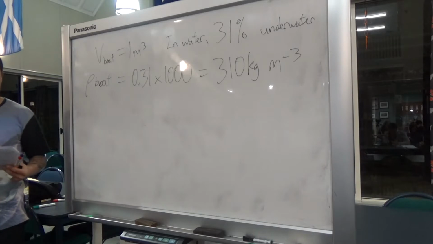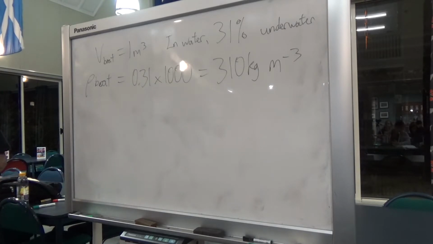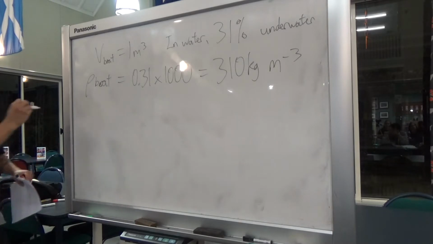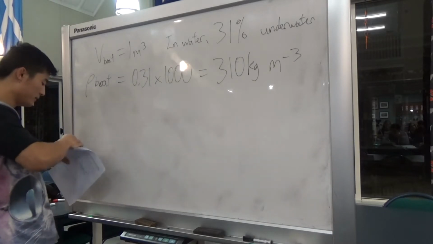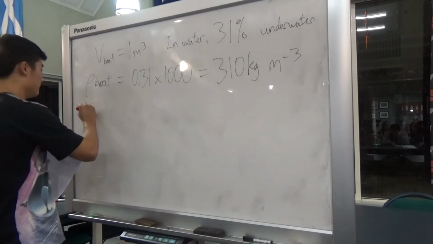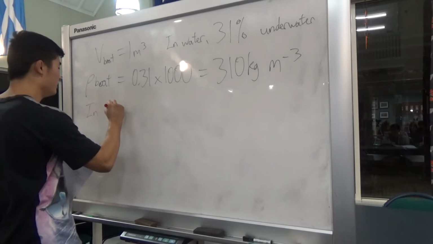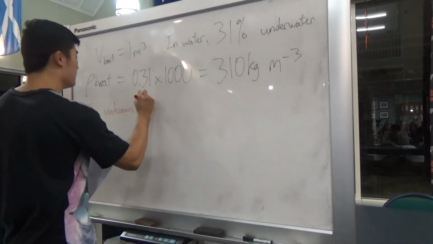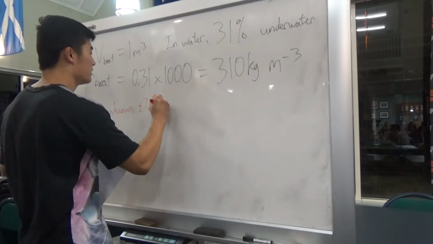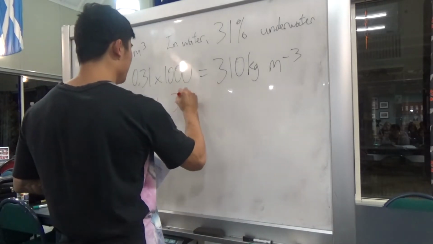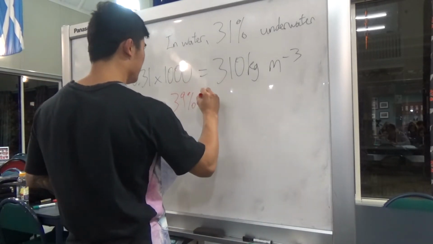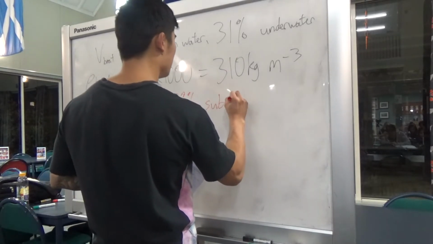So we know that in the unknown fluid, 39% is submerged.